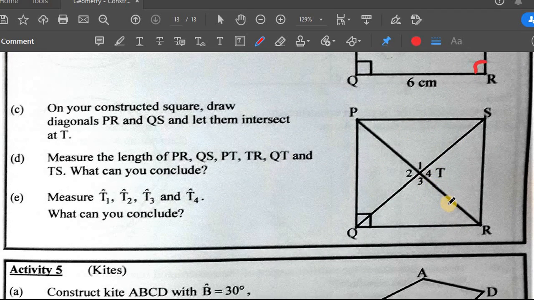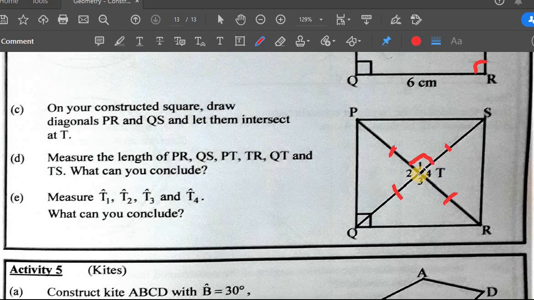Let's look at this. Once you construct this, then you're going to be drawing your diagonals, and you're going to realize that a similar thing happens, that these diagonals bisect each other, right? They bisect each other, and you can also realize this.